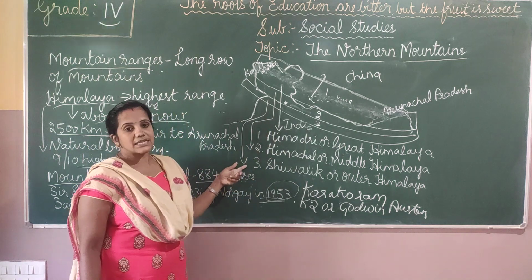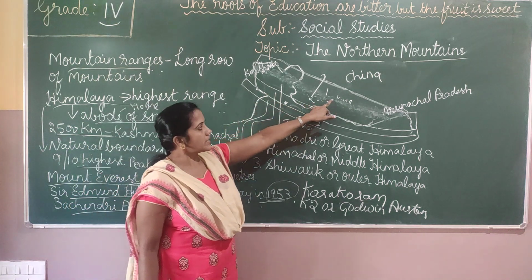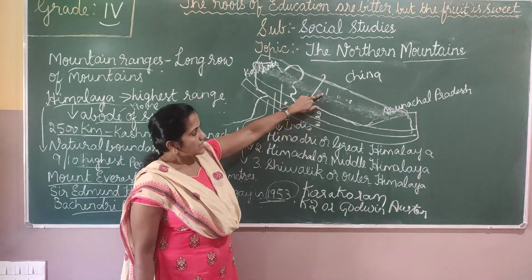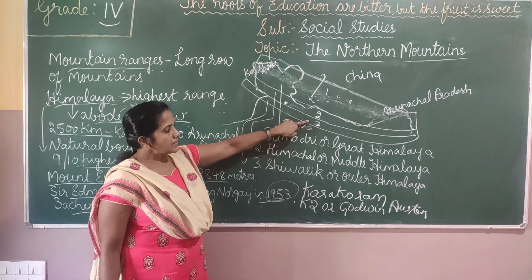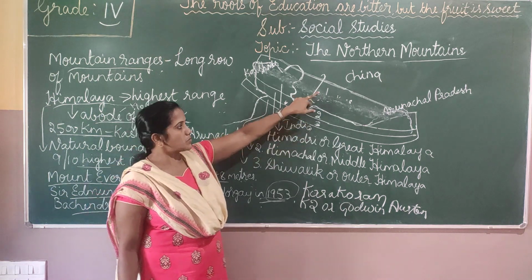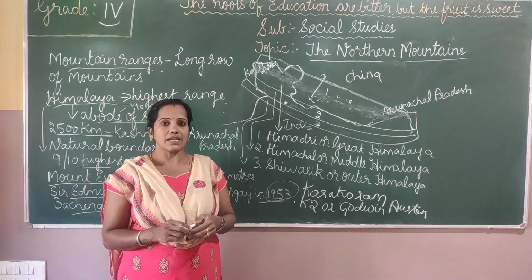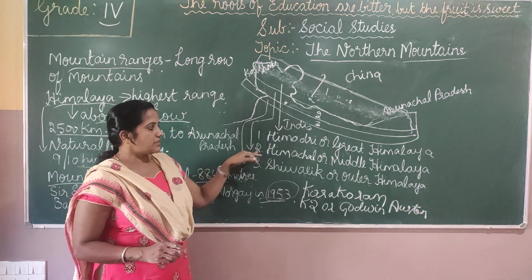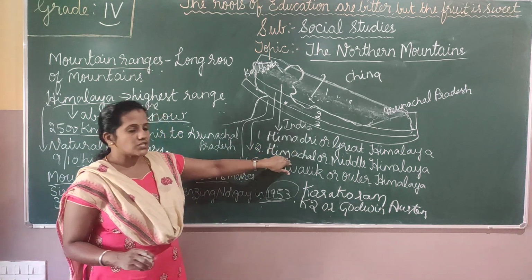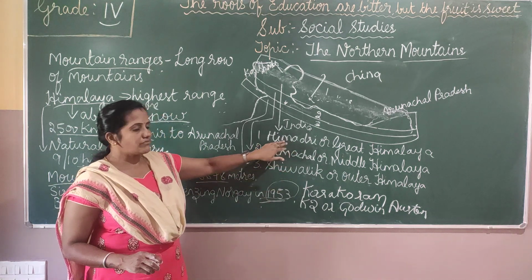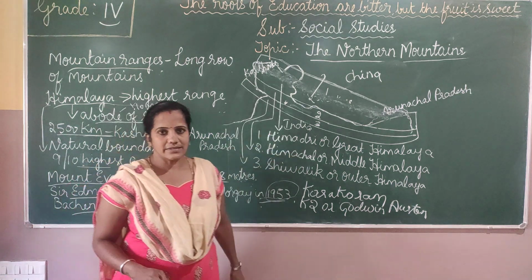You can find here the first one is Himadri, the second one is Himachal, and the third one is Shivalik. So these are the three parallel ranges of the Himalayas. Now we will learn one by one in detail about Himadri, Himachal, and Shivalik.